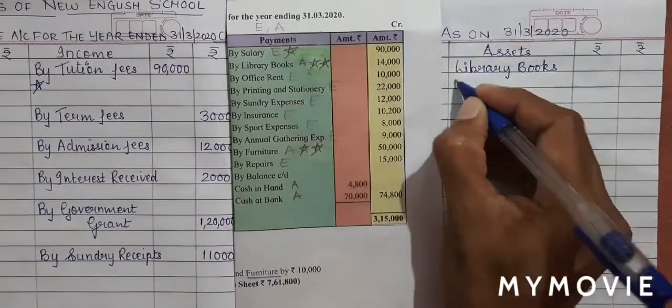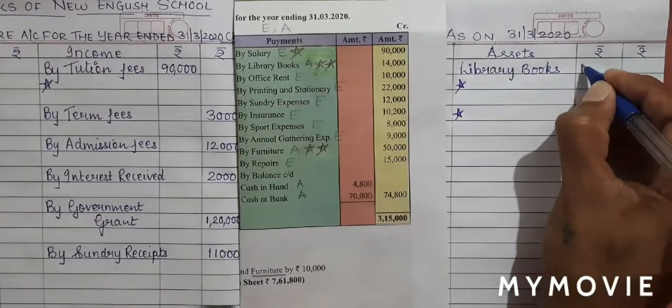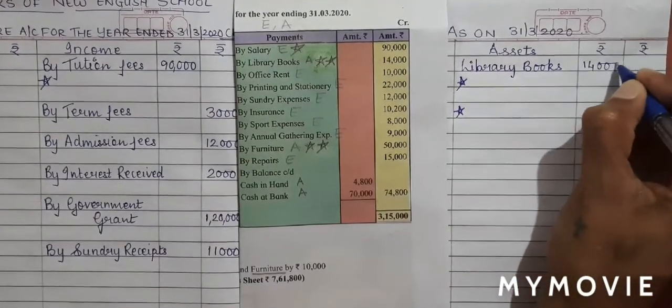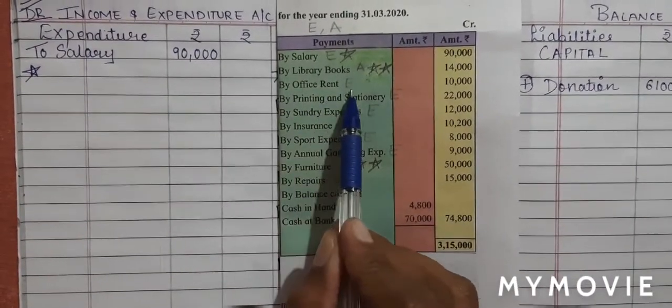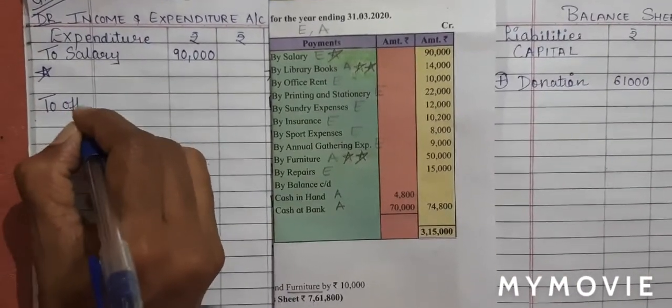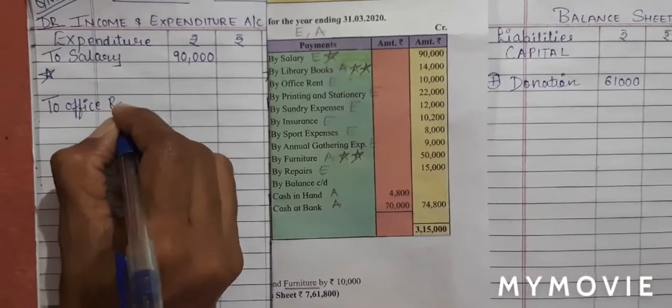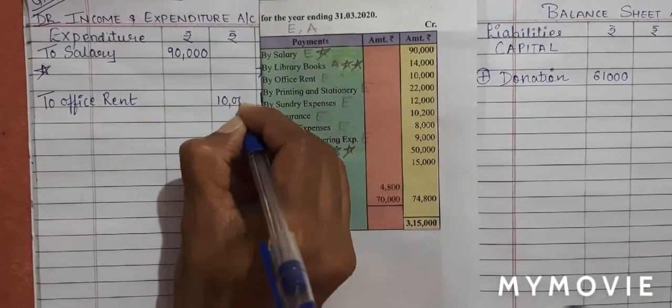There are 2 stars, so I will also mark 2 stars and write it in the inner column 14,000. Next is office rent. On the expenditure side, I'll write to office rent. There is no star, so I'll write it in the outer column 10,000.